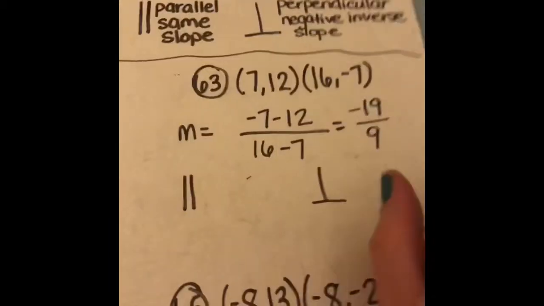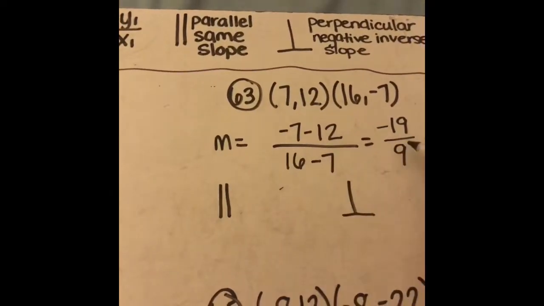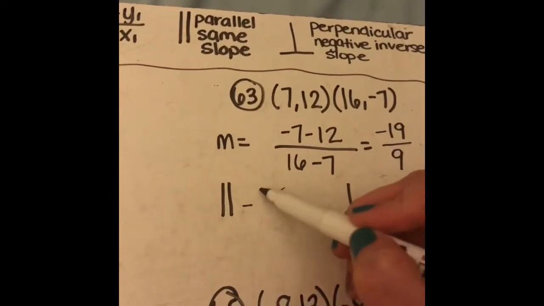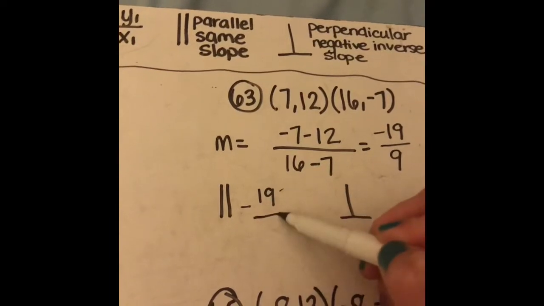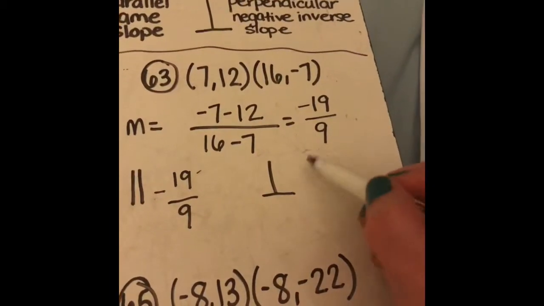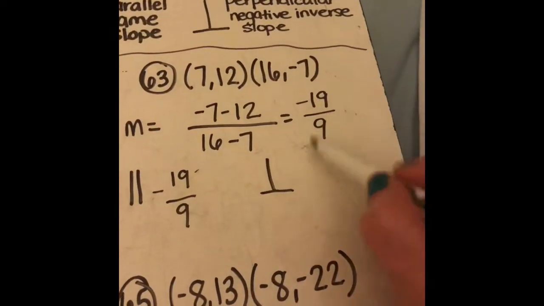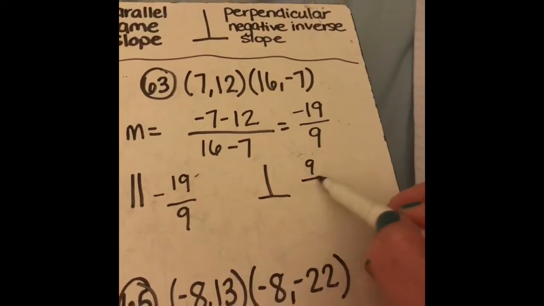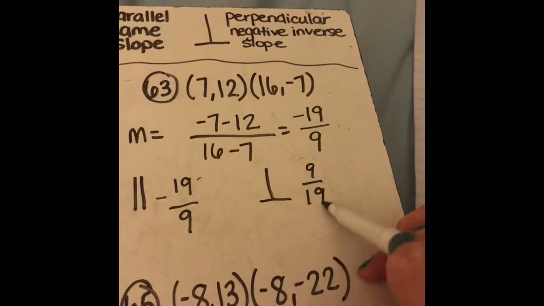Okay, so the parallel would be the same, so negative 19 over 9. The perpendicular is a negative inverse, so it turns into a positive 9 over 19.